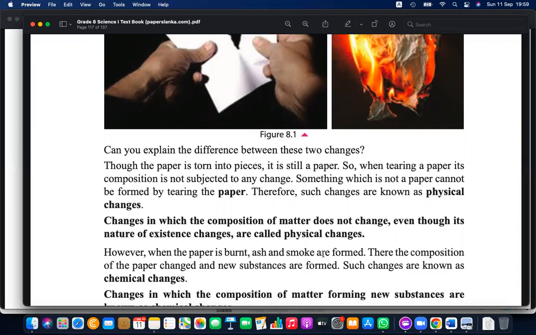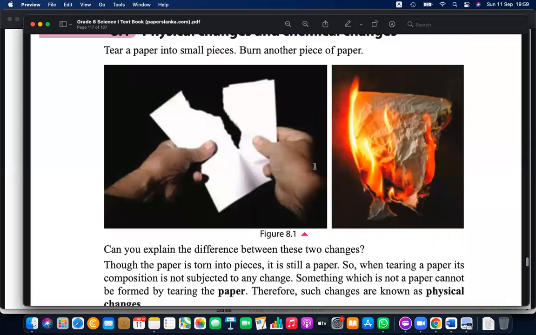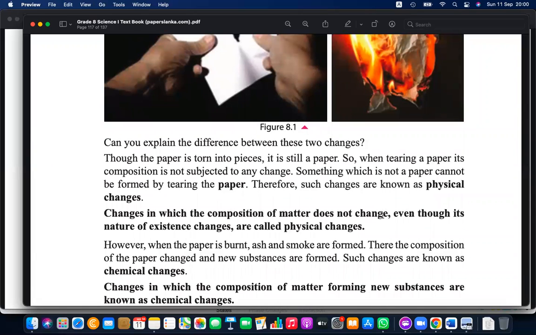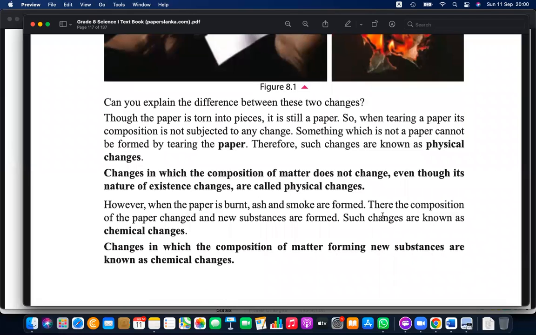Therefore, we call that a chemical change, because whatever you had earlier is paper. After burning, what you can see is ash and smoke. It is not showing the same properties as previous. Therefore, it is called a chemical change.